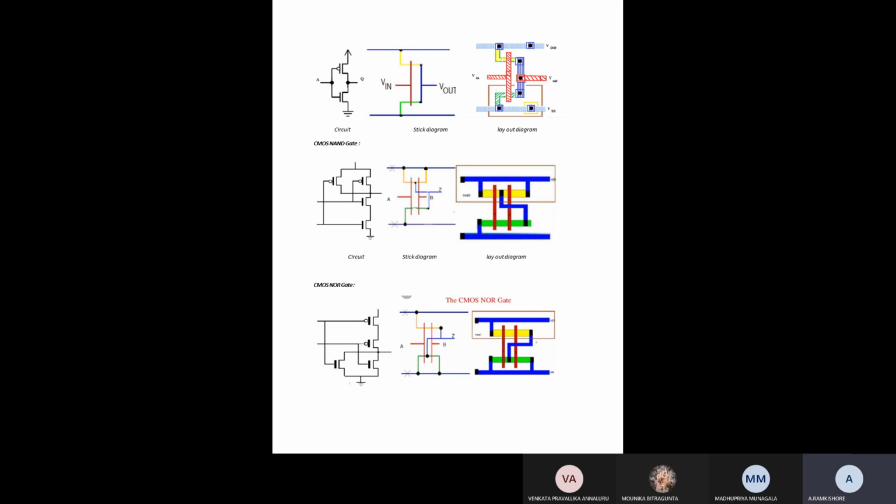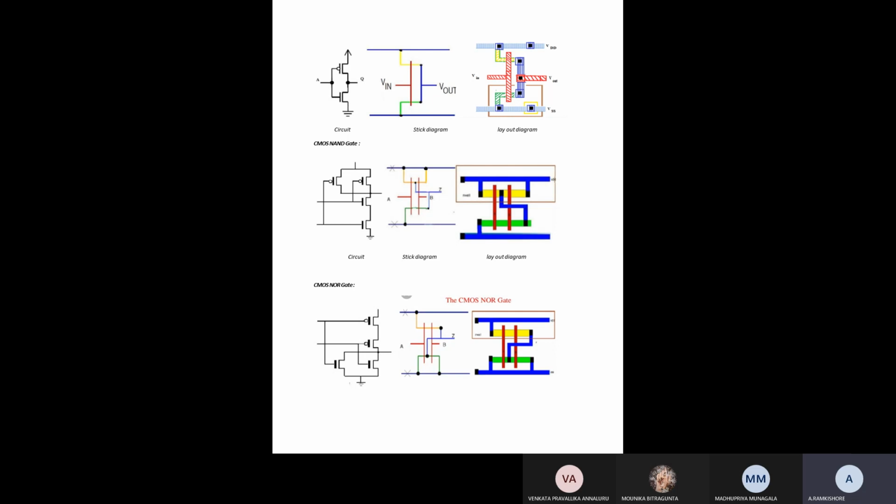That means we have to maintain some scaling rules. We'll see these layout diagrams later, whenever we cover the scaling parameters for the layout diagrams.